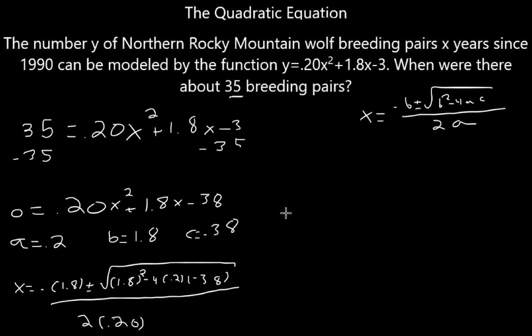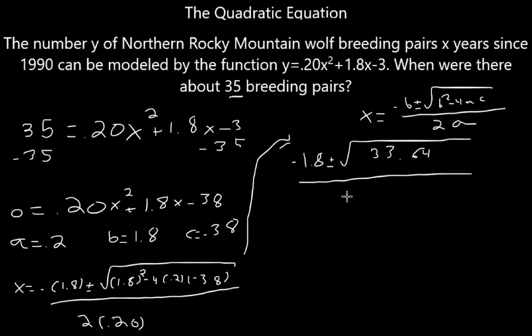So here's a great moment to bust out our calculator and compute some of this. We're going to do negative 1.8 plus or minus the square root, and then we're going to put this into our calculator. We will see that it is 33.64, and then the bottom will be 0.4 because 2 times 0.2 is 0.4, and this will be negative 1.8.